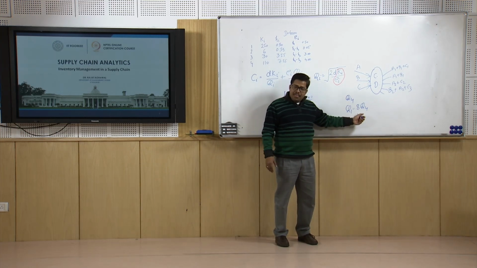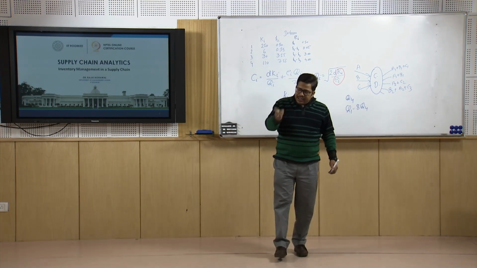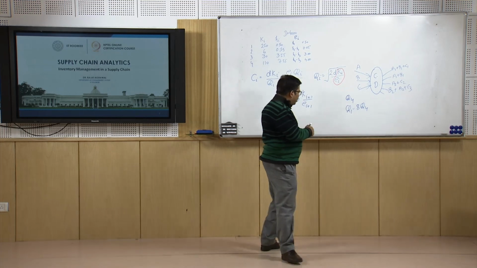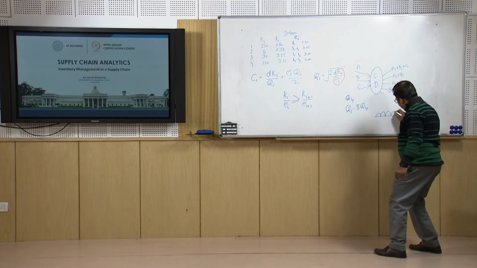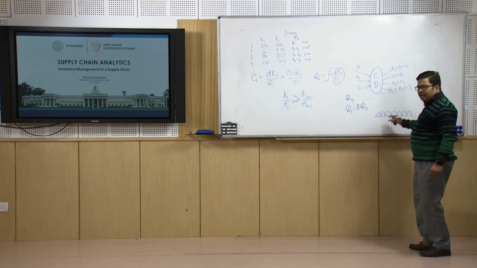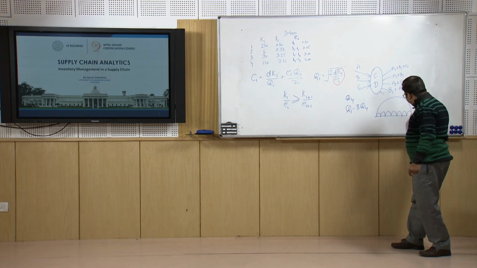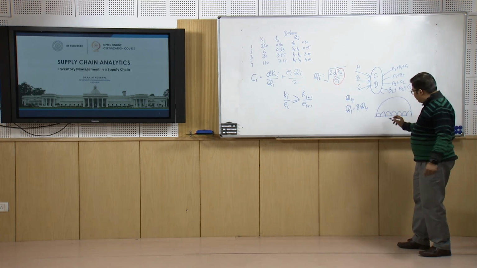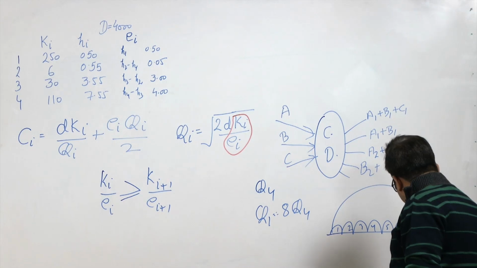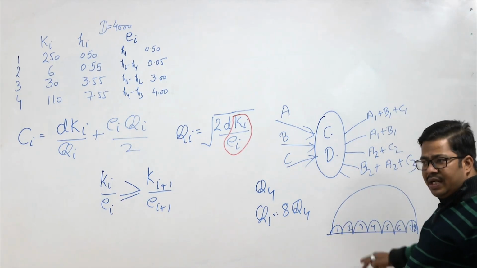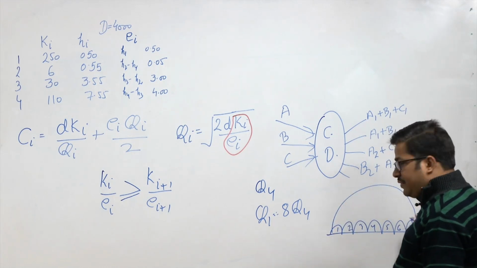Here you can understand that I am waiting for 8 cycles of stage 4; 8 times the order is procured at stage 4, then a single order is procured by stage 1. So these 8 cycles of stage 4 represent the 1 cycle of stage 1.